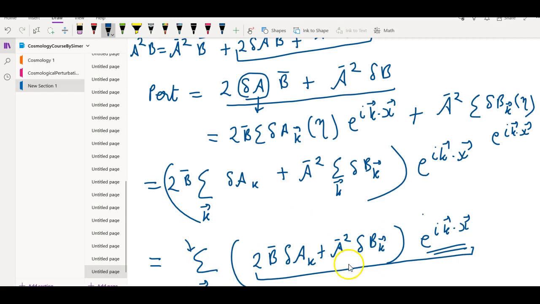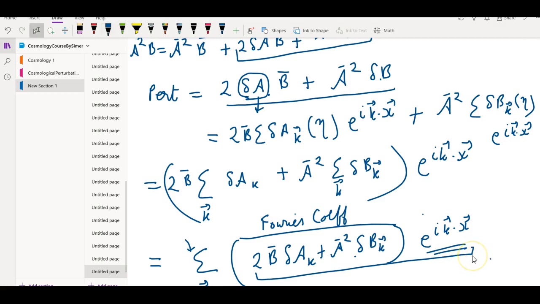But what is this 2 b bar delta a k? It is coming from this term, and this a bar square delta b k is coming from this term. After all the equation manipulation, this Fourier coefficient comes from the original expression by just replacing delta a with delta a k, and delta b with delta b k.